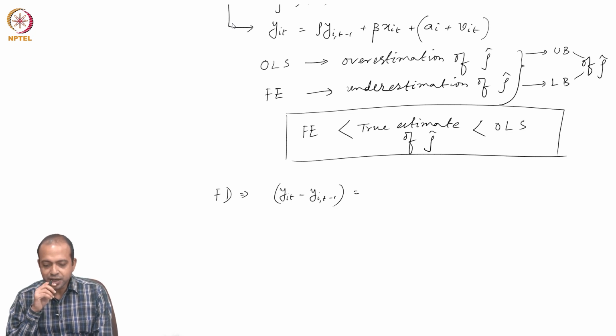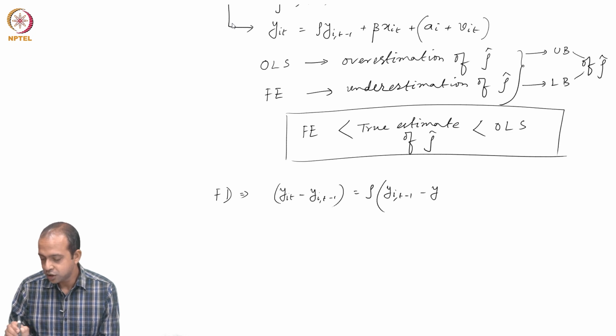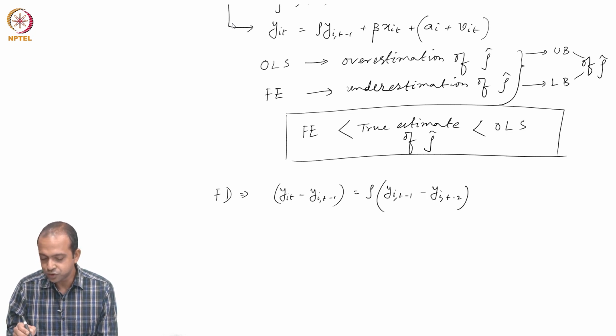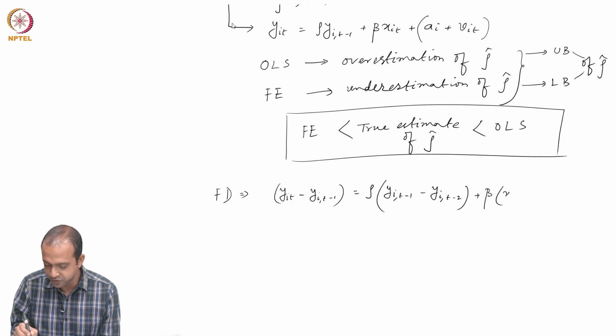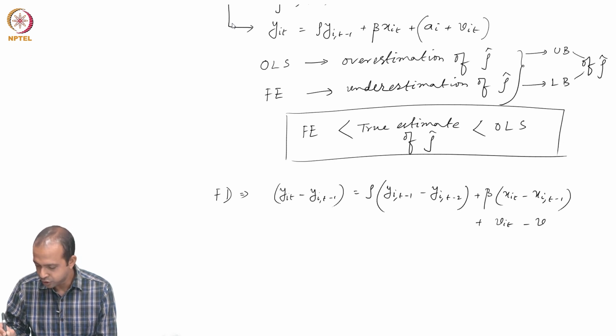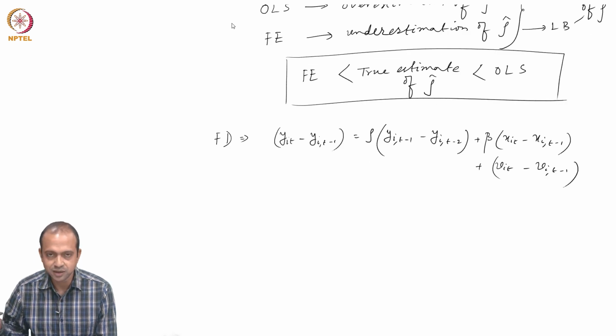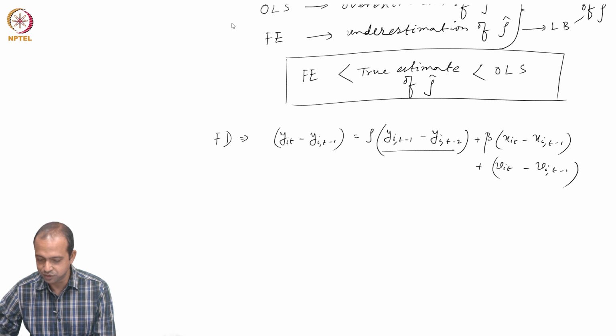Here, even after first difference, we can see that YIT minus 1 is here and VIT minus 1 is here. So, that is why this variable delta YIT minus 1 is actually correlated with delta VIT, and as a result we are again ending up with endogeneity. So, even the first difference transformation cannot rule out the possibility of endogeneity, because this is correlated, right.